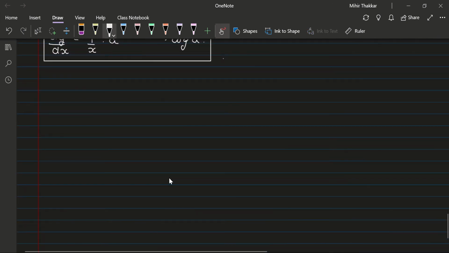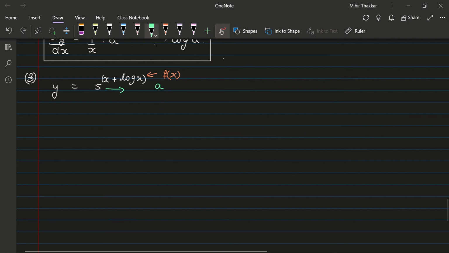And the last sum of the exercise, guys, y is equal to 5 to the power x plus log x. Now over here, the power element is considered as f(x) and the base element is considered as a.